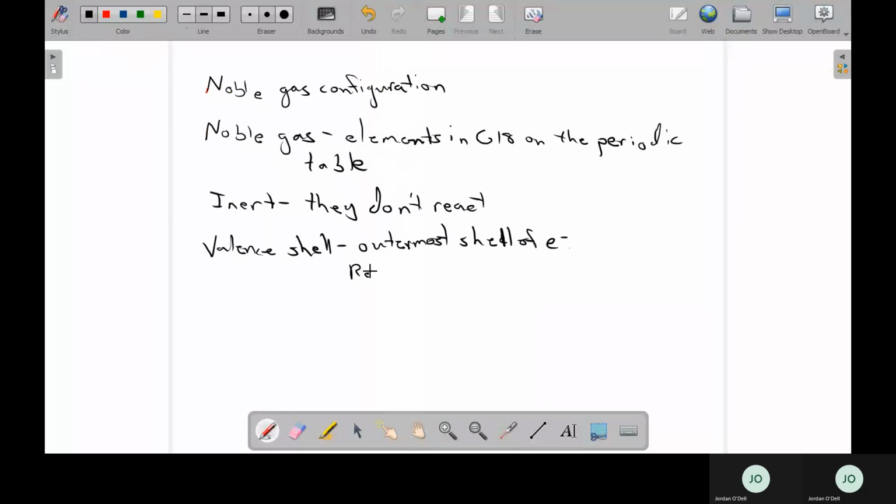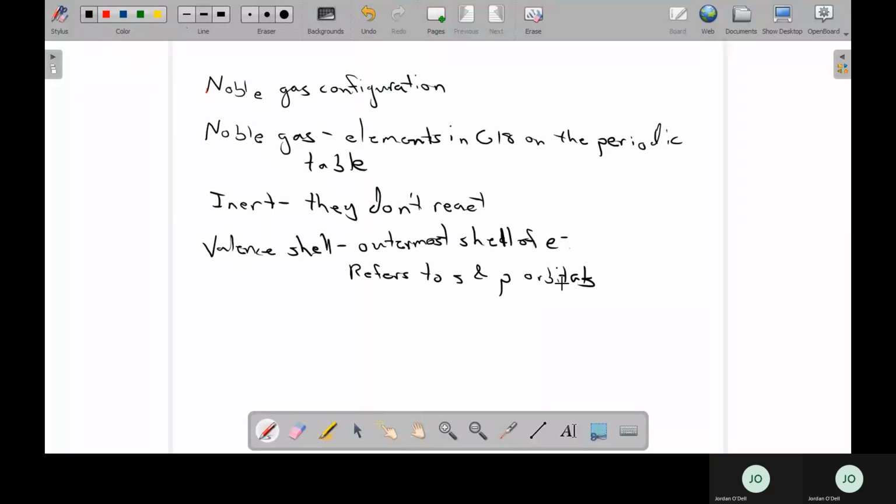It refers to both the S and P shell, so it refers to our S and P orbitals. Along with that, we need to know what our noble gas electron configurations are.